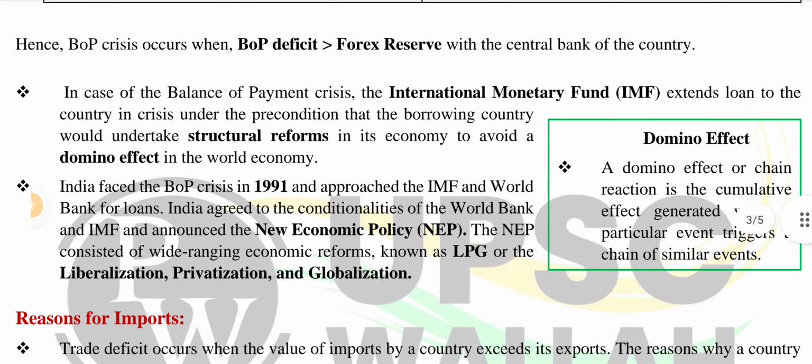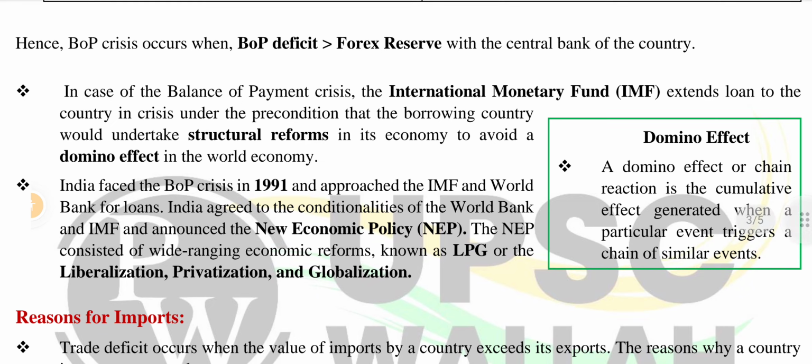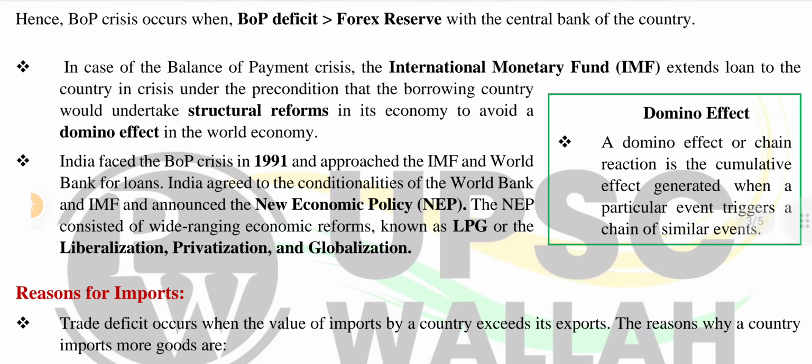In case of a balance of payment crisis, the International Monetary Fund, IMF, extends loans to the country in crisis under the precondition that the borrowing country would undertake structural reforms in its economy to avoid a domino effect in the world economy.